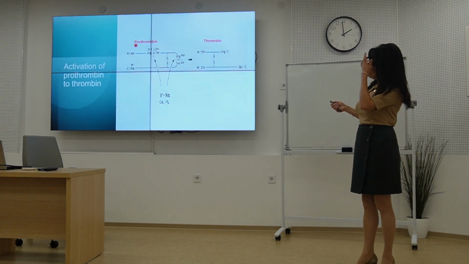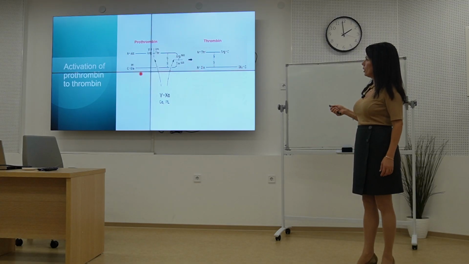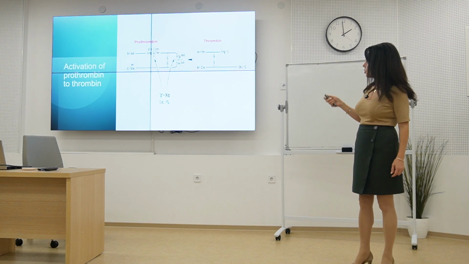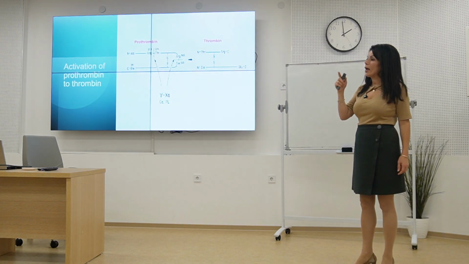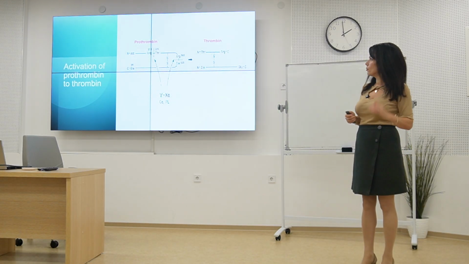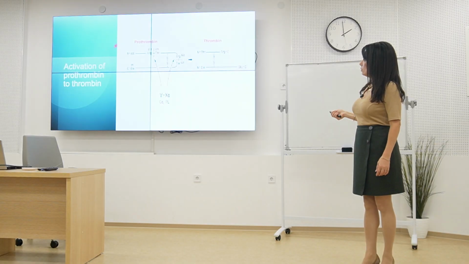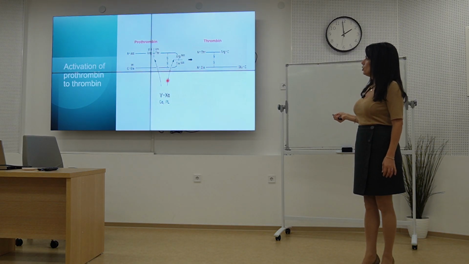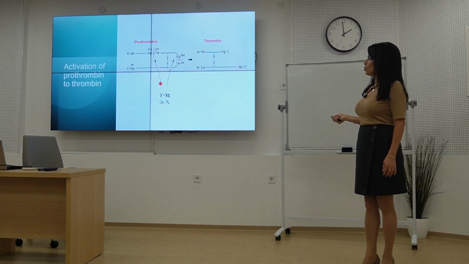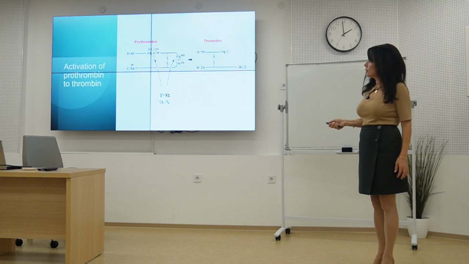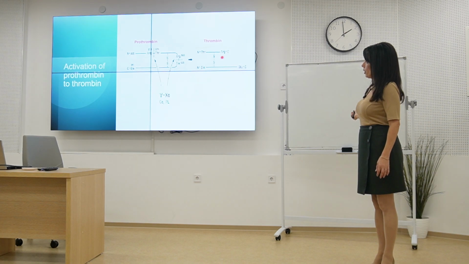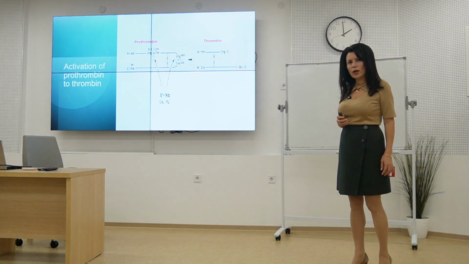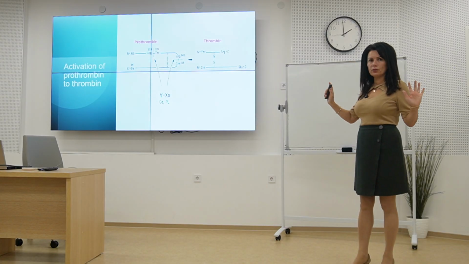Prothrombin is factor 2 from the coagulation cascade, and thrombin is factor 2A, the active form. Here there is only one polypeptide chain, and after two cleavages in the process of limited proteolysis, two polypeptide chains are formed with one interchain disulfide bridge, and thrombin is active now.